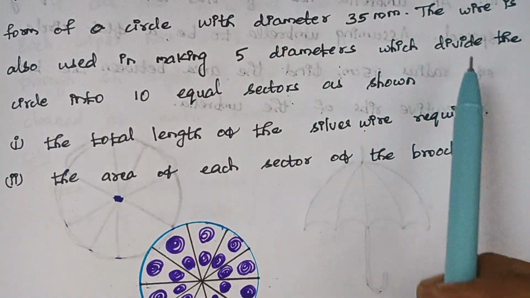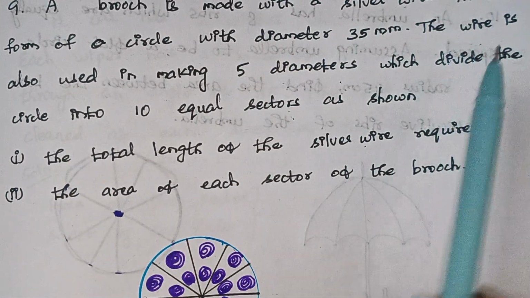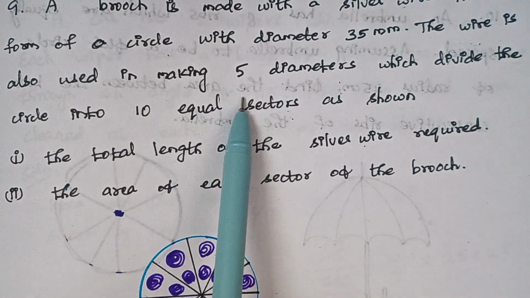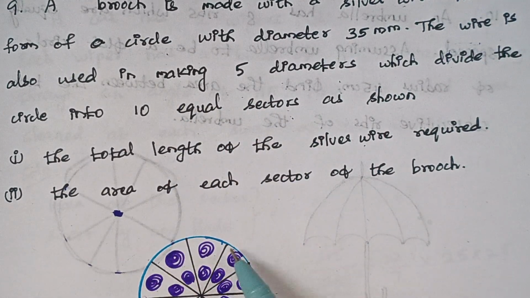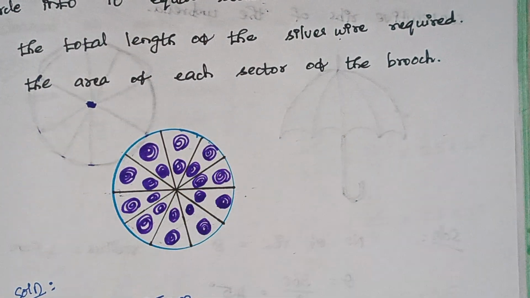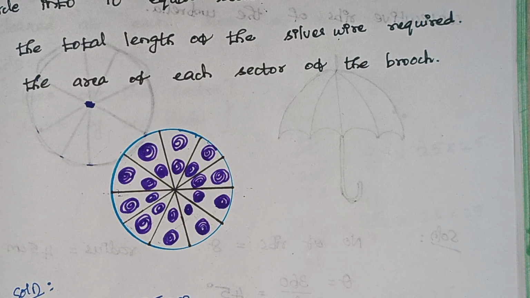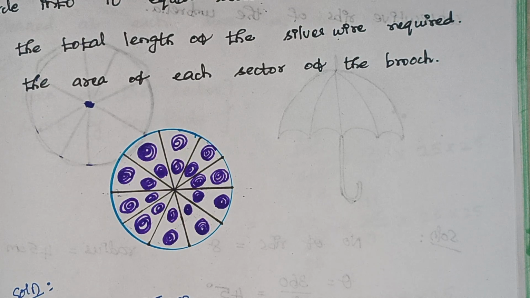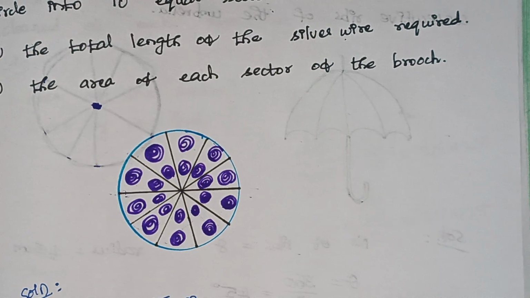Then the same silver wire is used in making 5 diameters, so these 5 diameters are also made of silver. If you want to find the total length of the silver, you have to calculate these two things.